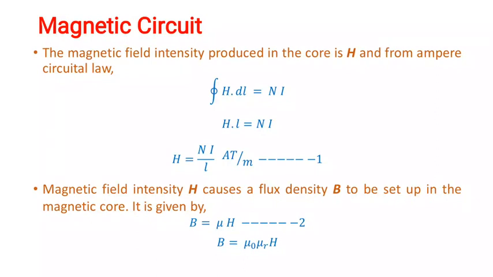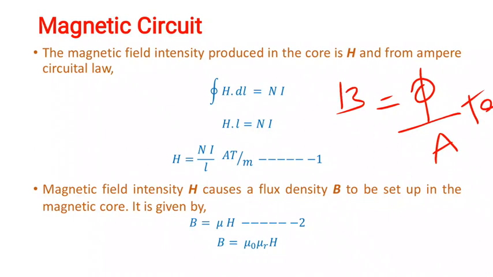It is denoted by B and it is measured in tesla. B is equal to flux per area. That is magnetic flux density, measured in tesla.